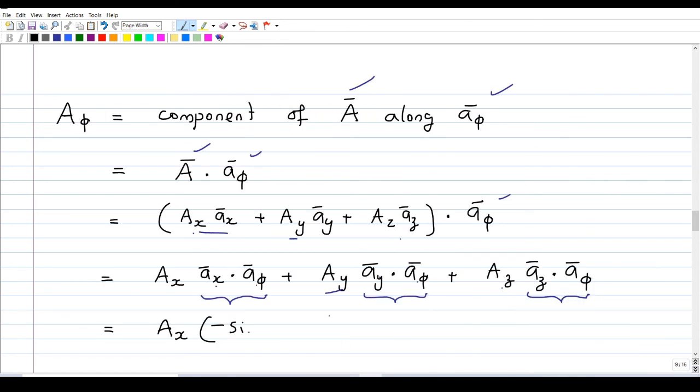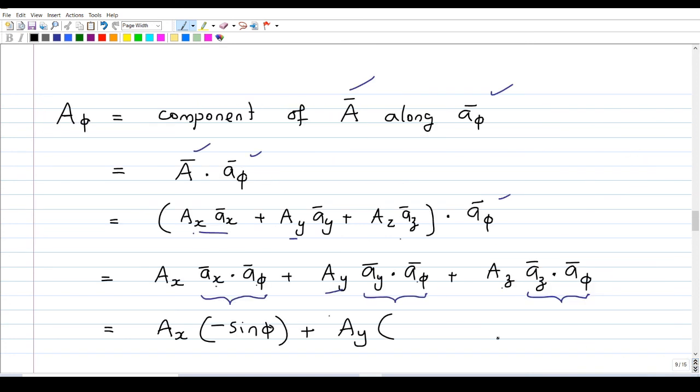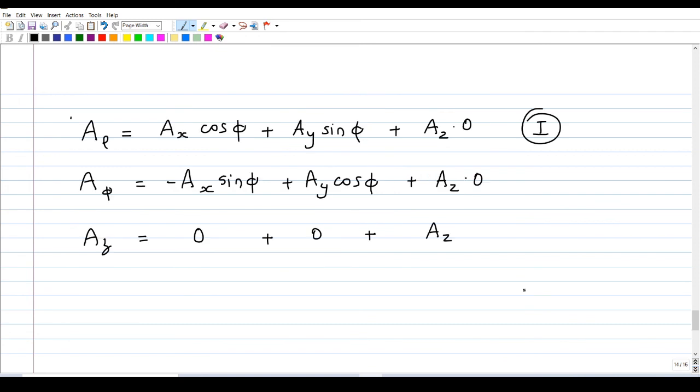So I can substitute it here. AY dot A phi is, that also we got, it was cos phi. So we can substitute it here. And the third one is 0. Okay, so this is our equation number 2. So I have rewritten these two equations in the last page. So this is equation 2.